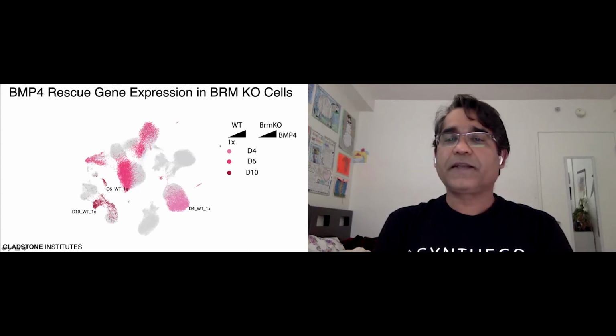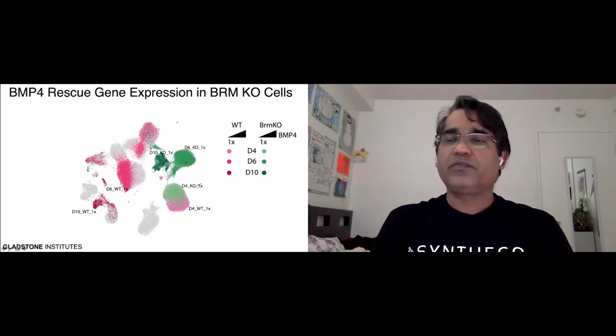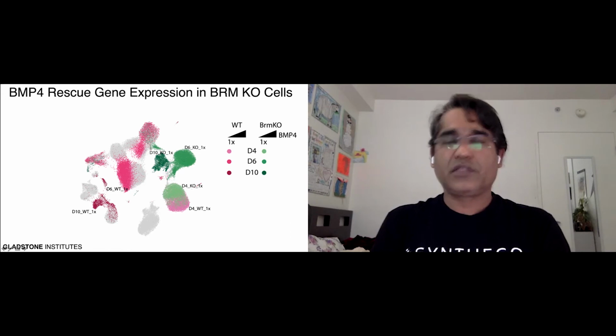Here I'm showing wild type cells with normal concentration of BMP4: on this map, the day 4 cells lie here, day 6 cells lie somewhere here, and day 10 cells here, forming cardiomyocytes. If we have BRM KO cells at that normal BMP4 concentration, they overlap with the wild type day 4 cells. At day 6 they are completely separate, and at day 10 they are also separate from everything else.